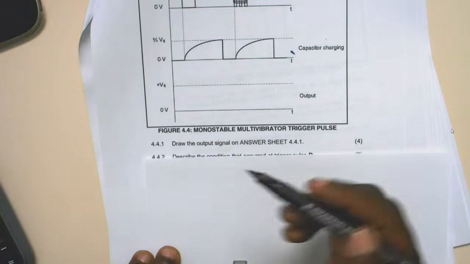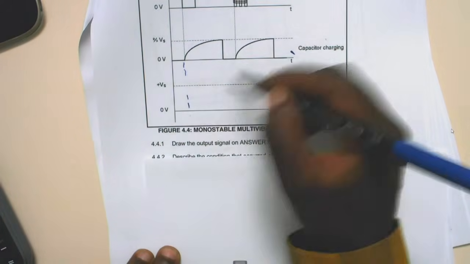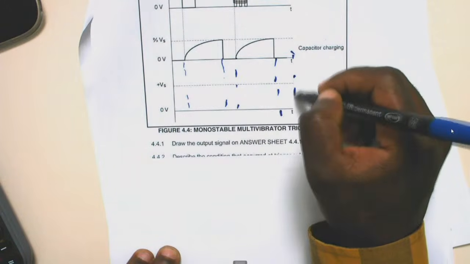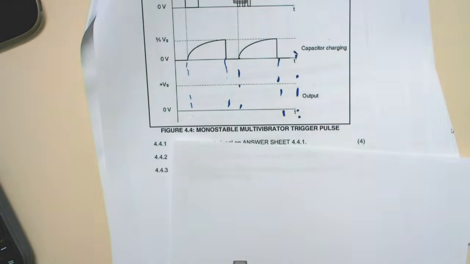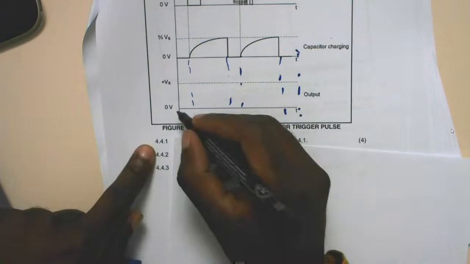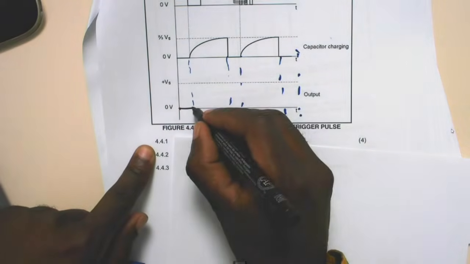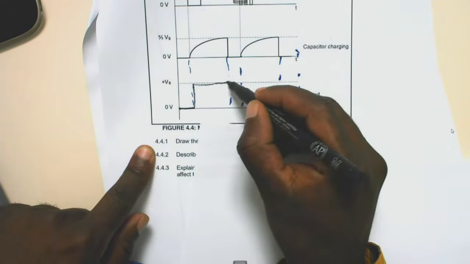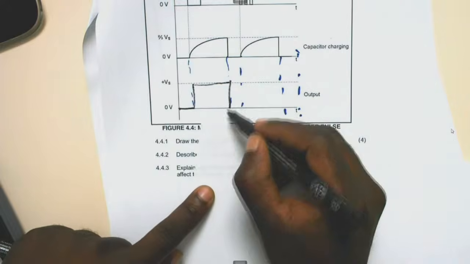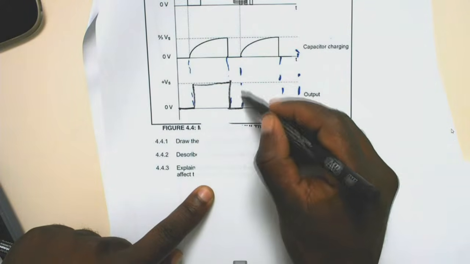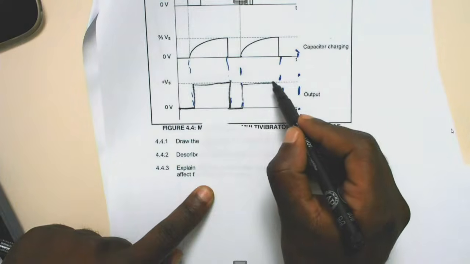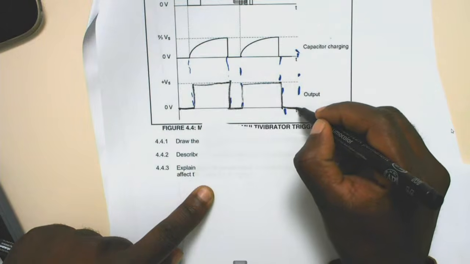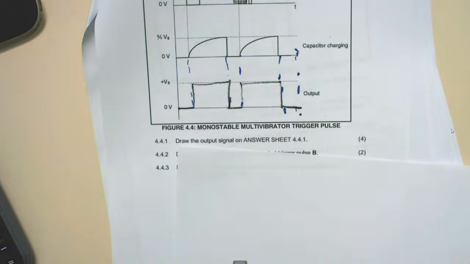So we just have to normally project. So I'm going to draw my pulse. So here is how my pulse is going to be. I'm going to have here low, and here it will go up, then it will be at rest until it goes low again, and it's at rest, then it goes up, then it goes at rest, then it goes low, then it's at rest again. Then this will be our output.